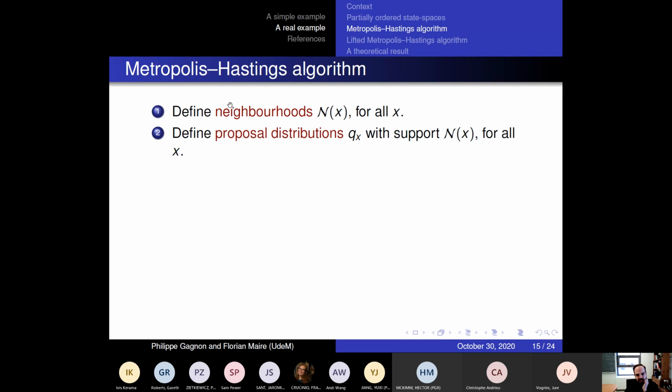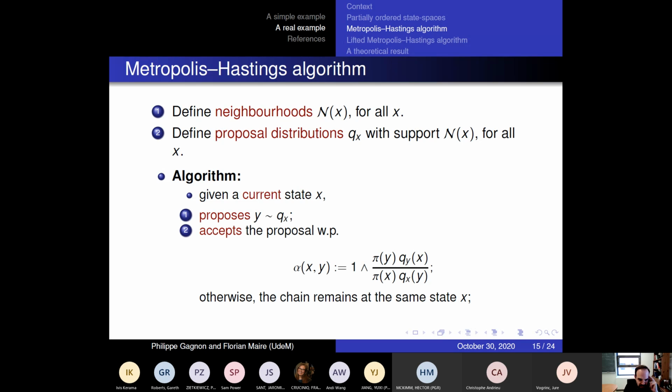As soon as you have these two ingredients, you're able to implement the algorithm, which is also the same as before, really, but just using this new structure. So here we have to include these probabilities because it's not like before. And now you have, again, a reversible sampler.